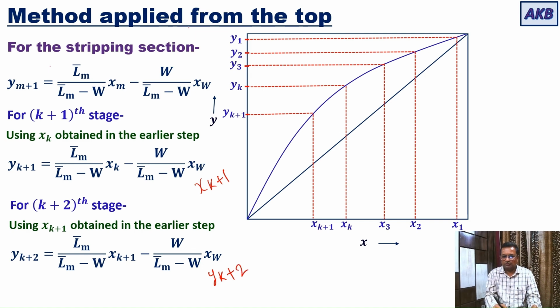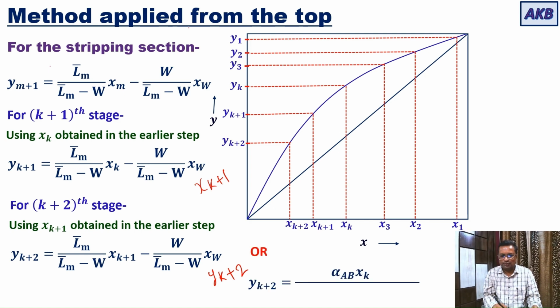So after getting the value of Yk plus 2, you are going to go to the equilibrium curve, the distribution diagram, and find out the corresponding Xk plus 2. Or if you know the equilibrium relationship, you can use that to get Xk plus 2. So Yk plus 2 is equal to alpha AB into Xk plus 2 divided by 1 plus alpha AB minus 1 into Xk plus 2.